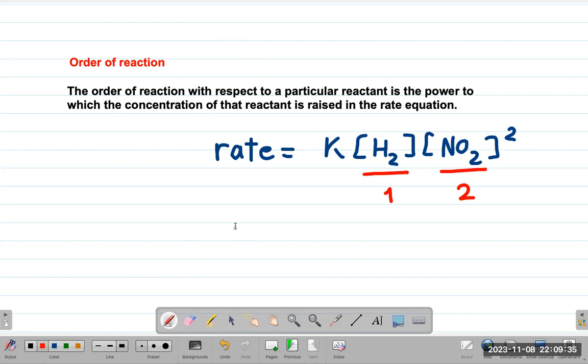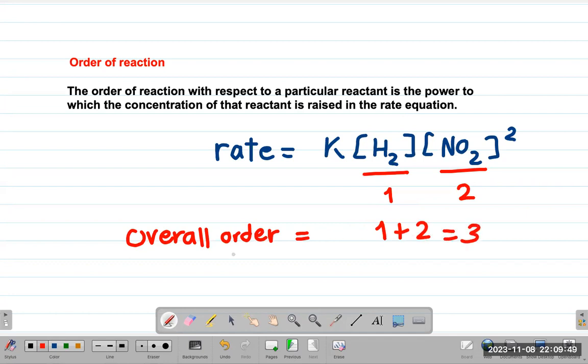What is the overall order of the reaction? You can just find it by adding the two orders. So 1 plus 2 is equal to 3. So the overall order is third order, by adding the two.